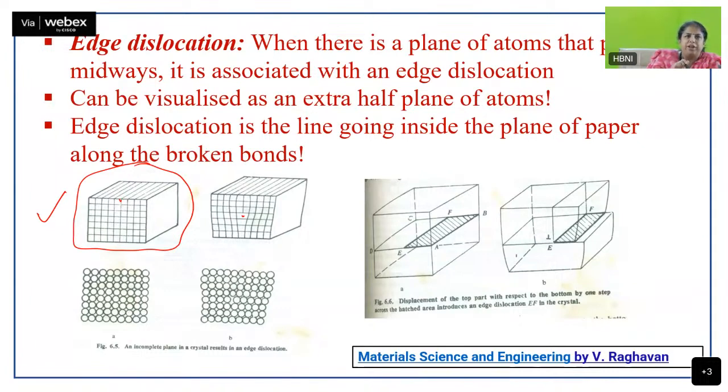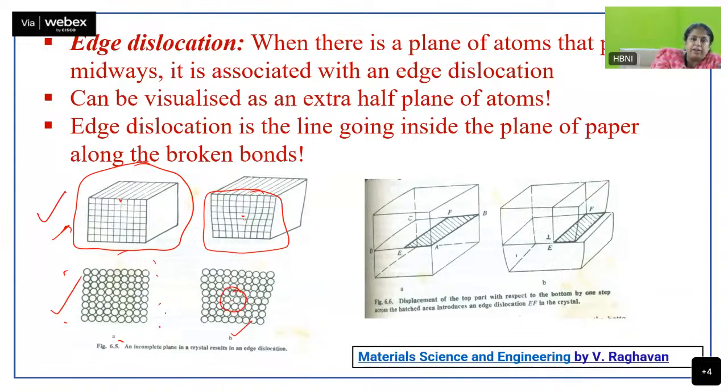So where is that dislocation? Where is that defect? If I put my pen on this particular point where that plane has stopped, then that particular line going inside the screen, going inside this cube, is the edge dislocation. This particular surface would also look like this. When your material was completely without any edge dislocation, this is how the atomic arrangement was. When there was a plane which started from the top but parted midway, this is what will happen around this particular area.